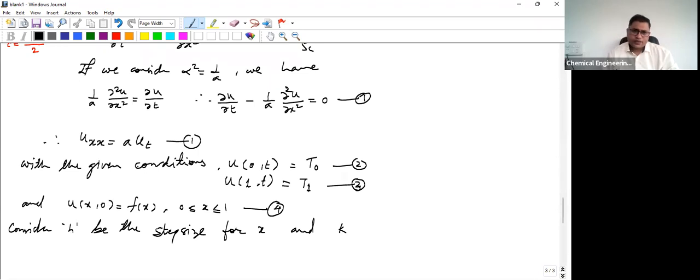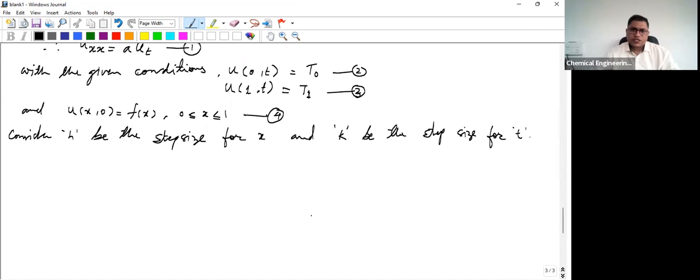So here we are considering h to be the step size for x and k be the step size for t. Now using these step sizes h and k, we can approximate this second order derivative and first order derivative as differences.